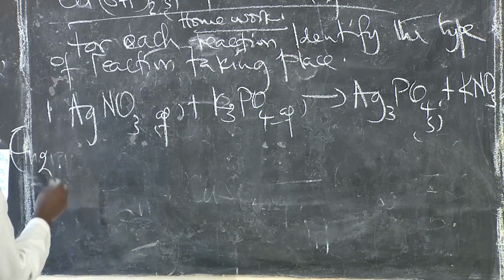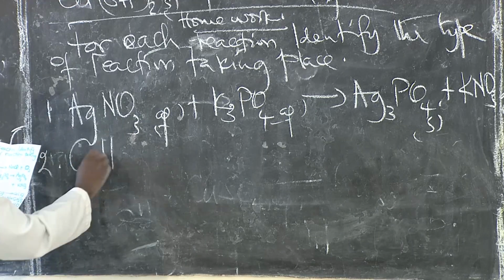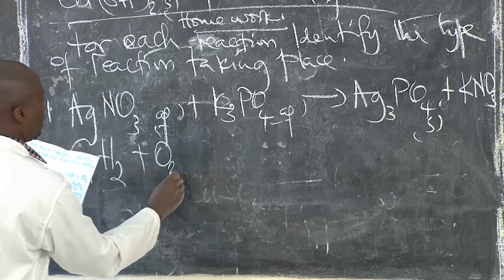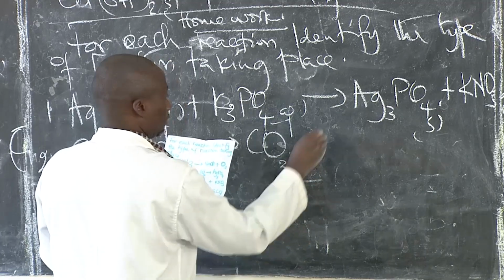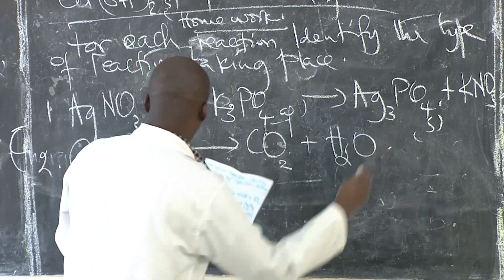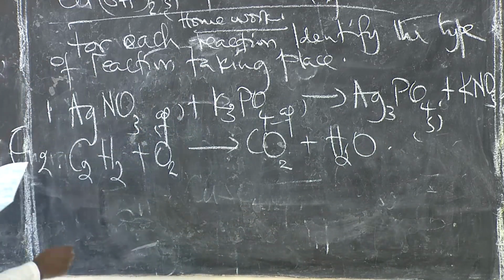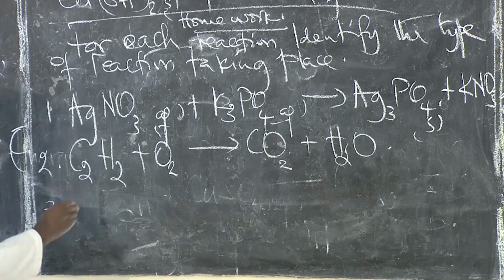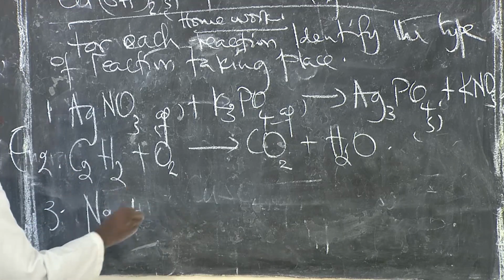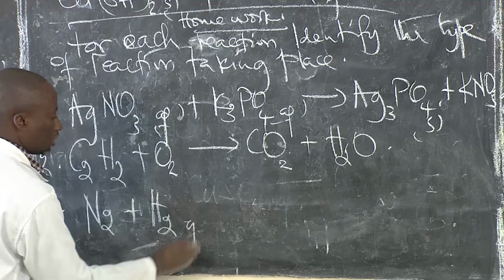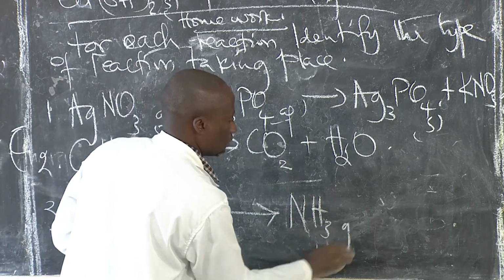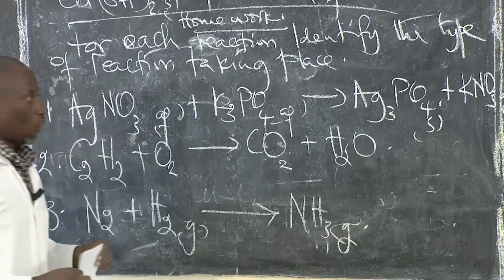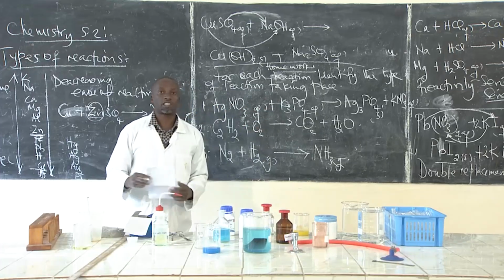Number 2, C2H2 plus oxygen gives carbon dioxide and water. Number 3, nitrogen and hydrogen giving ammonia gas. So you identify, this is the exercise that you're supposed to do.